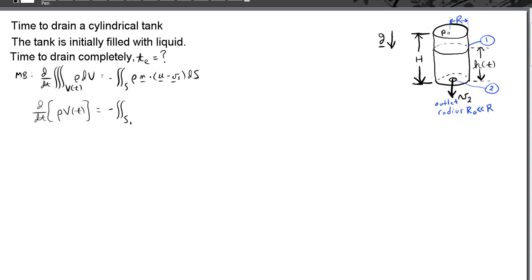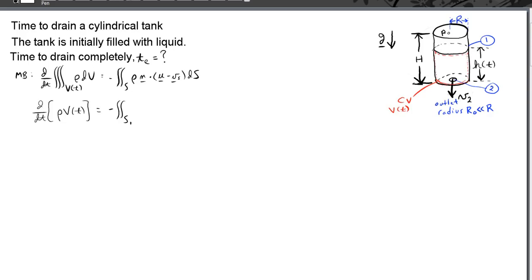So if we want to illustrate the control volume we're choosing, our control volume is going to include all the liquid in the tank. That's our control volume V of t.